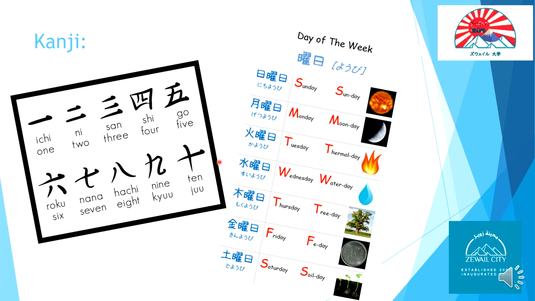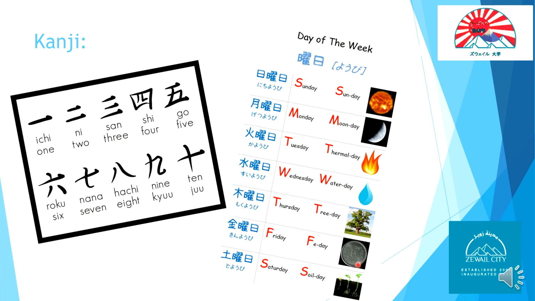Those kanjis did not originate from the days of the week, as you might expect. They instead originate from figures of nature. For example, Nichi originates from the sun, Getsu from the moon, Ka from the fire, Sui from the water, Moku from the tree, Kin from the gold, and Do from the soil.